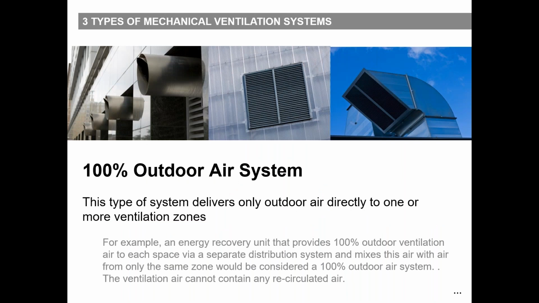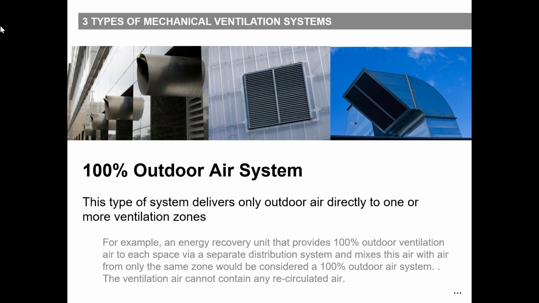Our second type of mechanical ventilation system: we had the single zone, and now we're looking at the 100% outdoor air system. This type of system brings only outdoor air directly to one or more ventilation zones. For this one, you don't really have to think single versus multiple.